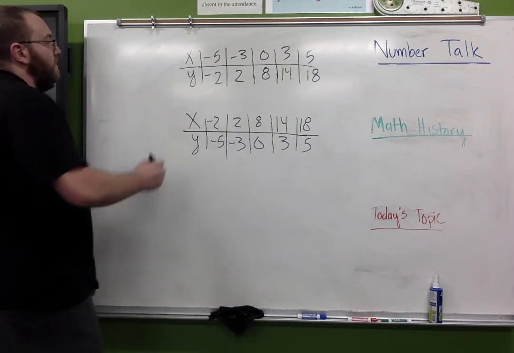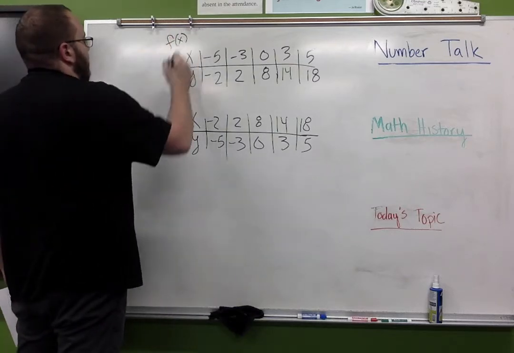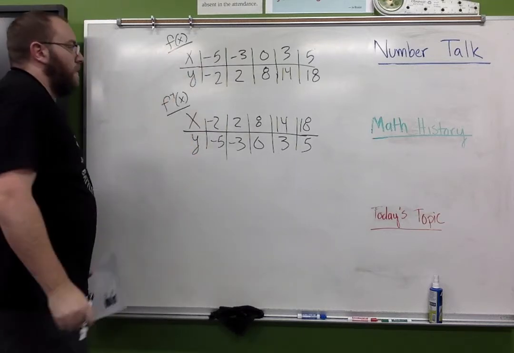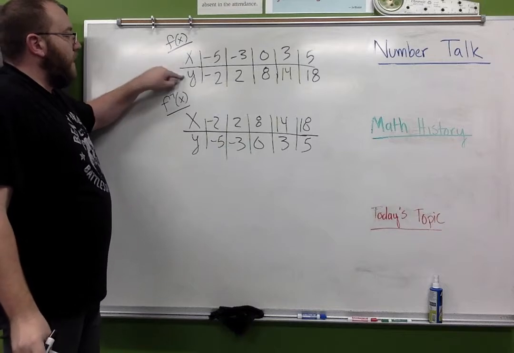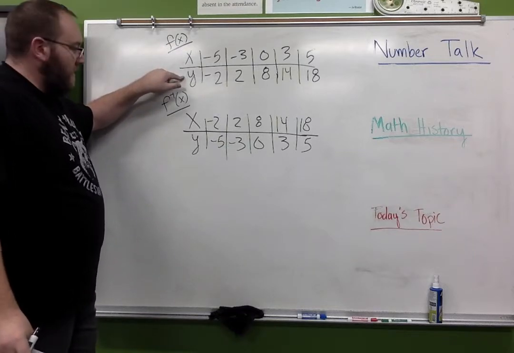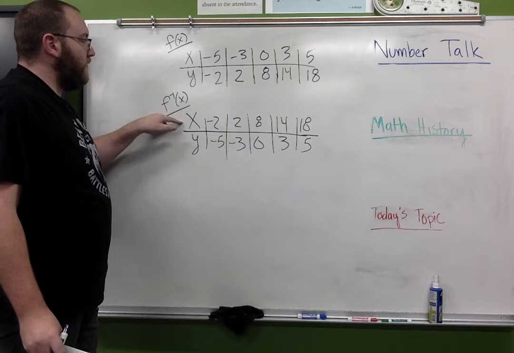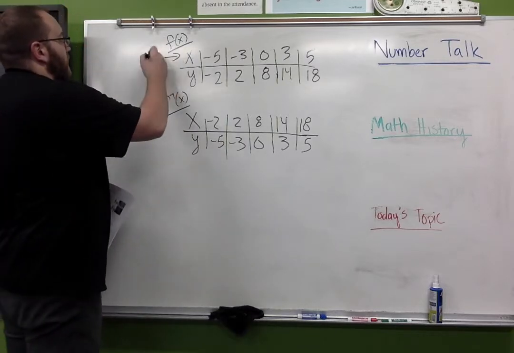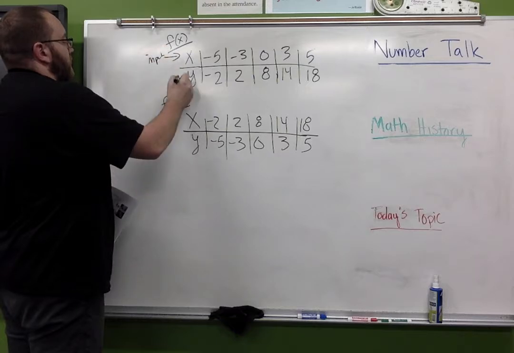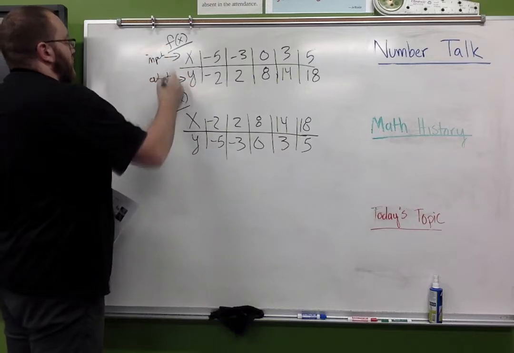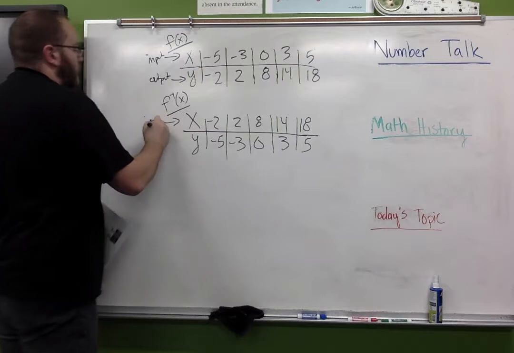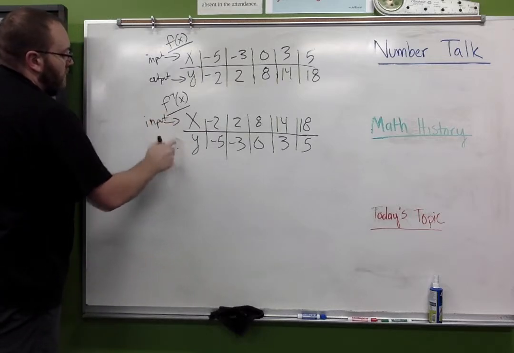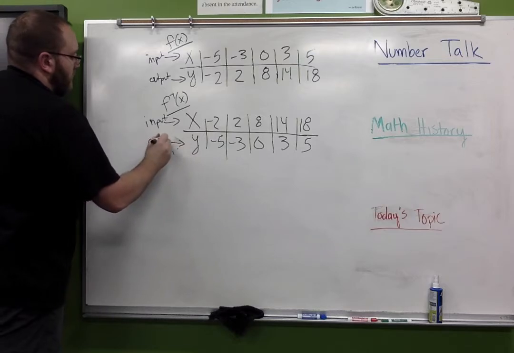Notice here. My x was -5, my y is -2. My inverse, my x is -2, my y is -5. The input, output, input, output.